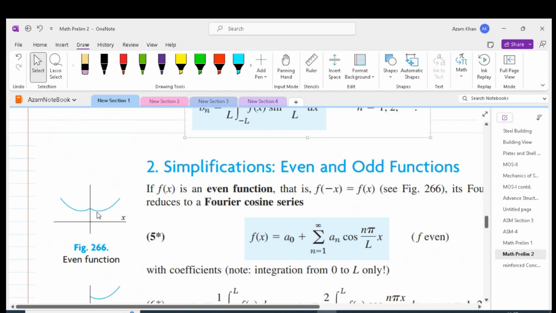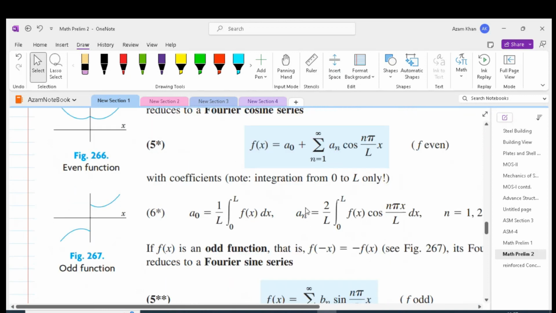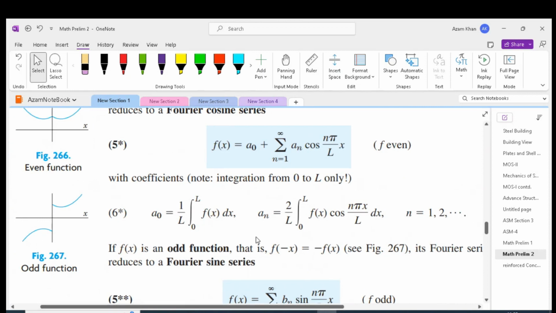If our unknown function is an even function, then we can reduce or simplify our Fourier series into f of x equal to a naught plus summation n is equal to 1 till infinity an cos n pi x over L, where a naught is 1 by L integral 0 to L f of x dx, and an is equal to 2 by L integral 0 to L f of x cos n pi x over L dx, and n can be 1, 2 till infinity.